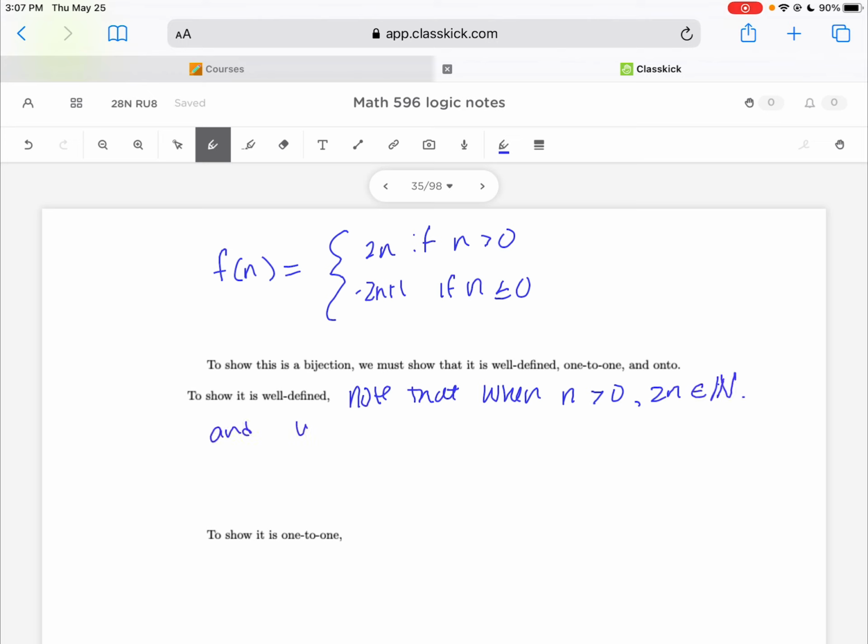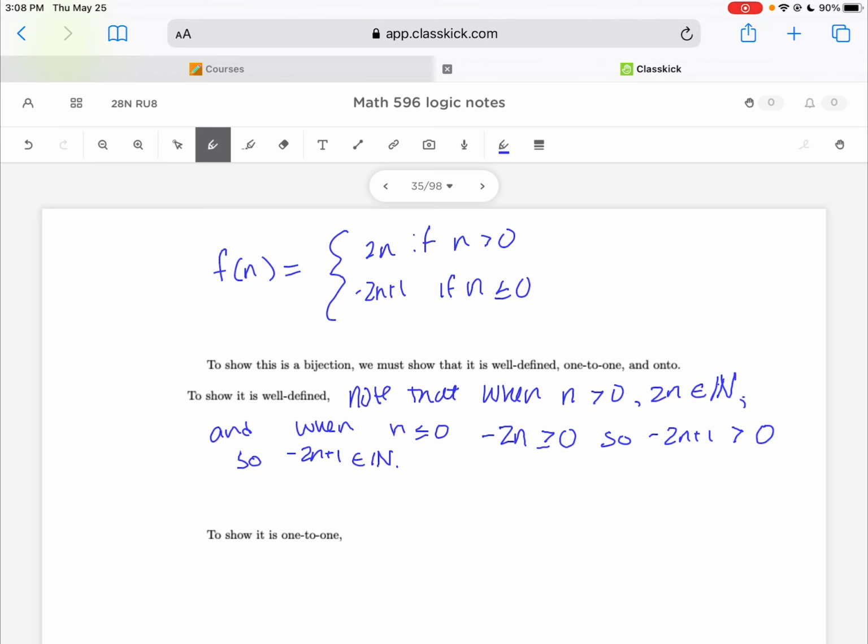And when n is less than or equal to 0 and n is an integer, negative 2n is greater than or equal to 0, because you're taking a negative or 0 number and multiplying it by a negative. And so negative 2n plus 1 is strictly greater than 0, and it will still be an integer, of course, because n is an integer. This means that the output, negative 2n plus 1, is a natural number as well. We want to make sure we're actually getting outputs in the desired set, the codomain, which is the natural numbers. So this is a well-defined function.